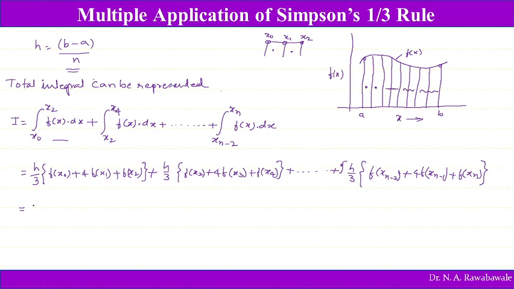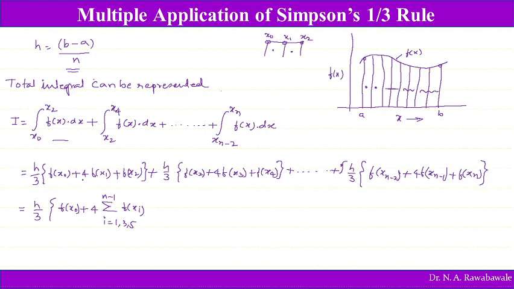So h by 3 is taken common, and from these brackets we can write f of x0 once, plus 4 times the summation of i equal to 1, 3, 5, odd numbers up to i equal to n minus 1, of f of xi.